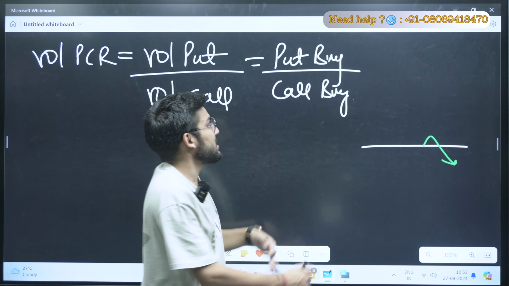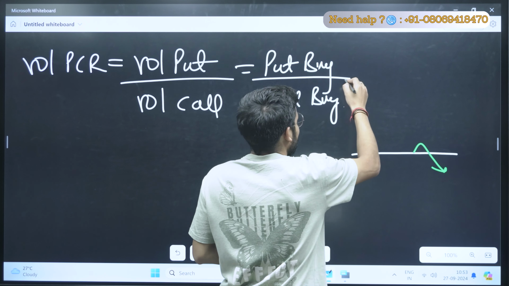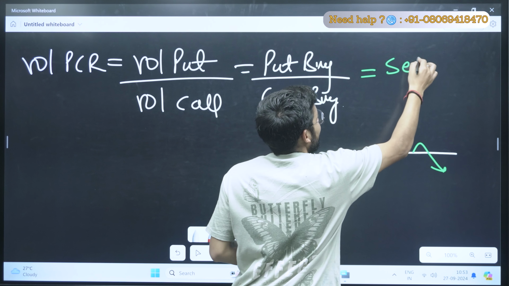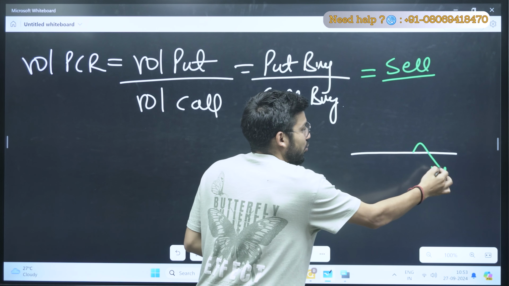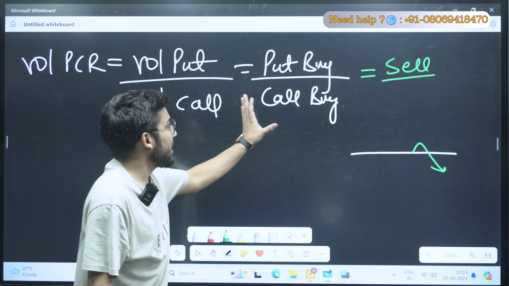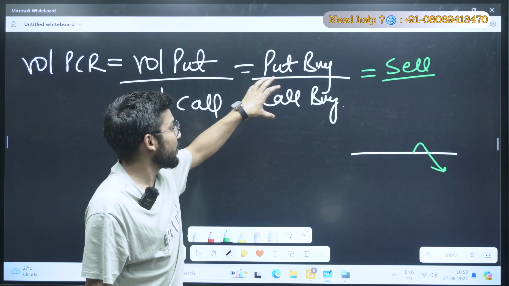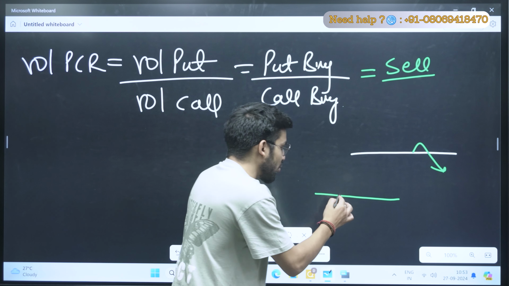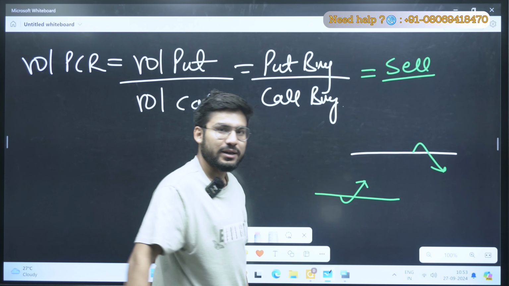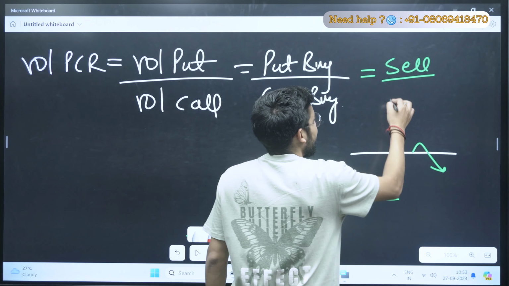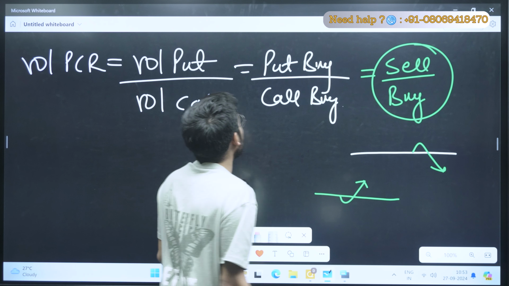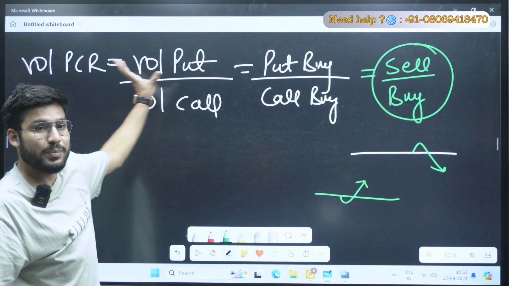So put buy means overall the market will be sell. When I'm talking about call buy, if there is a level, the call buyer wants the market to go above that level, so it means buy. This is your overall definition of volume PCR.